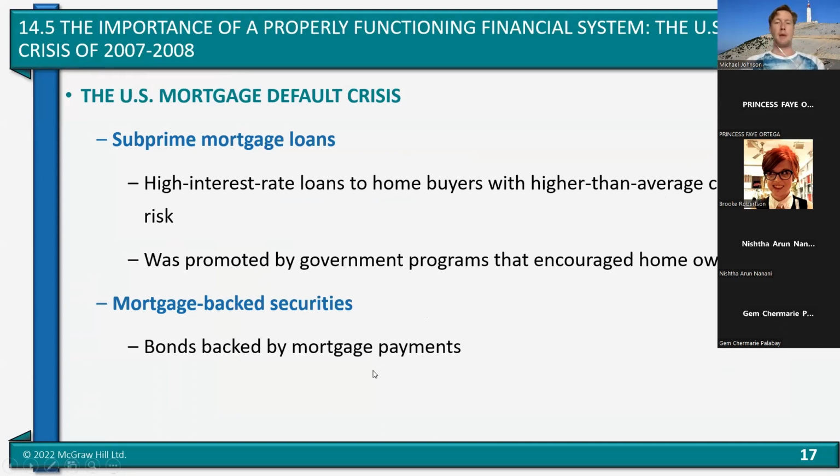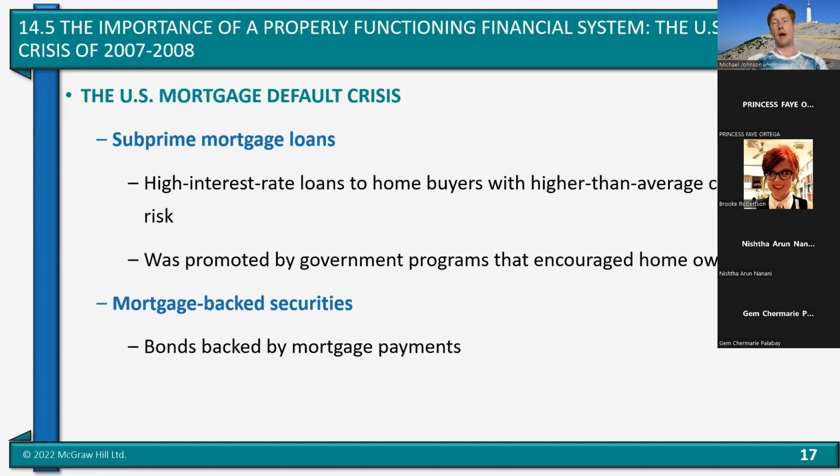So this led to massive problems in our economy because they were high risk borrowers and they couldn't pay back the loan. So in the US in the 2000s, many mortgage loans were given to people that couldn't pay them back.